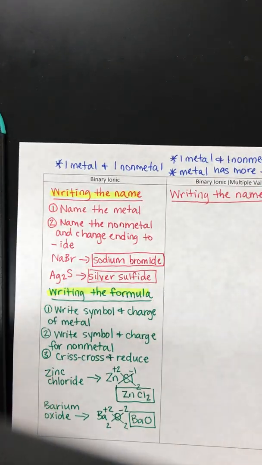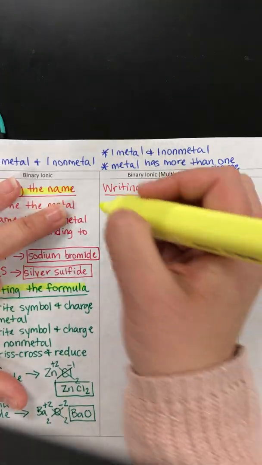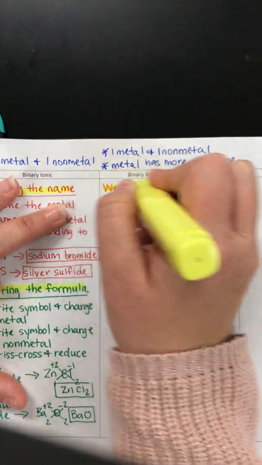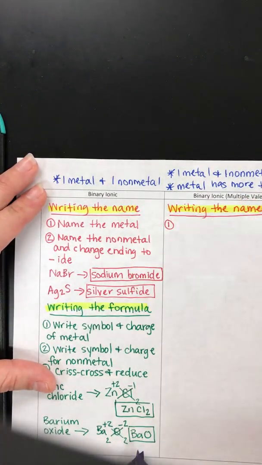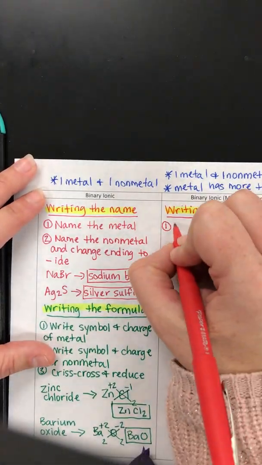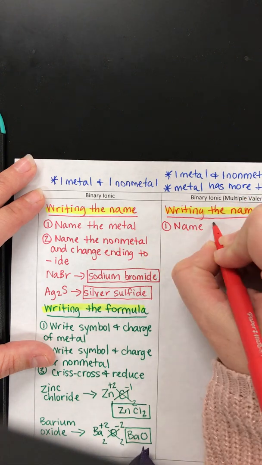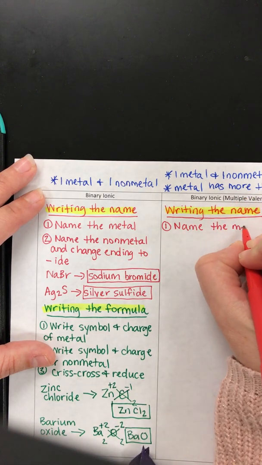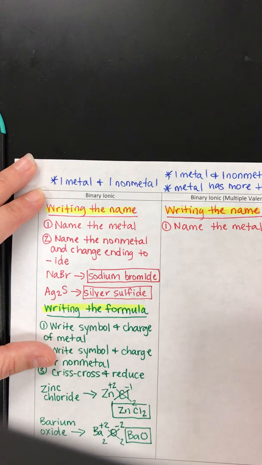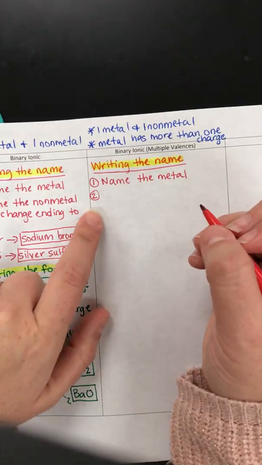So I'm gonna highlight that, just like I did last time, trying to keep it consistent. All right, so our first step this time is we're going to name the metal. That's the same. All right, our step 2 is gonna be different and new, okay? So step 1, name the metal.